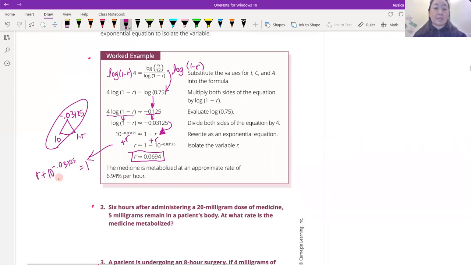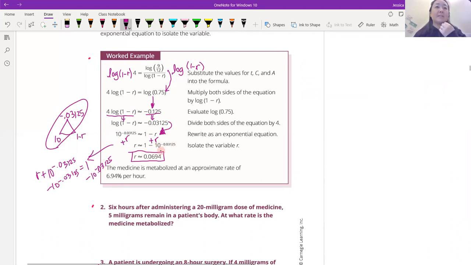I like to do that to get rid of the negative R. And then I'm going to just subtract this right here. And then you get this right here.